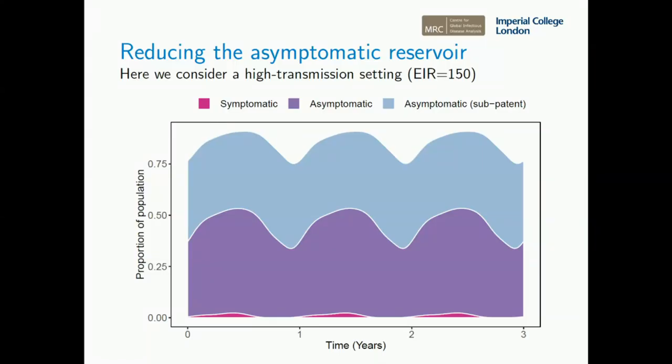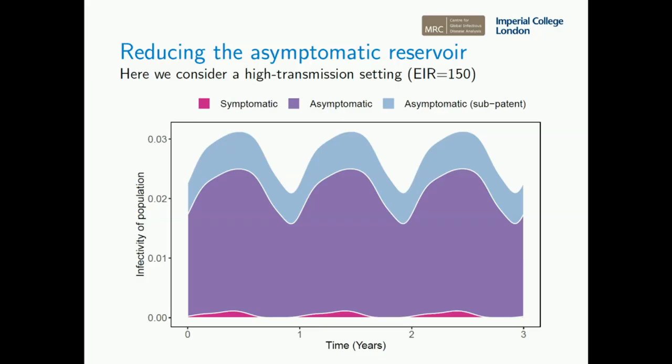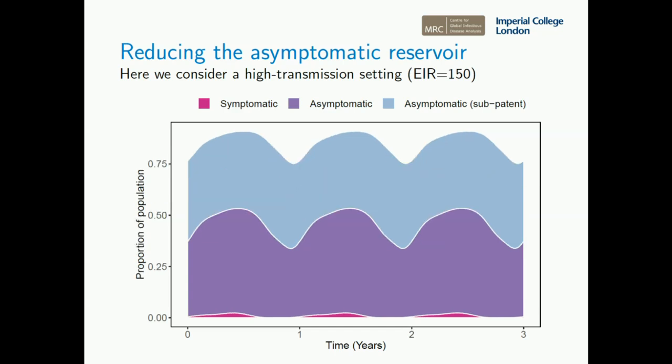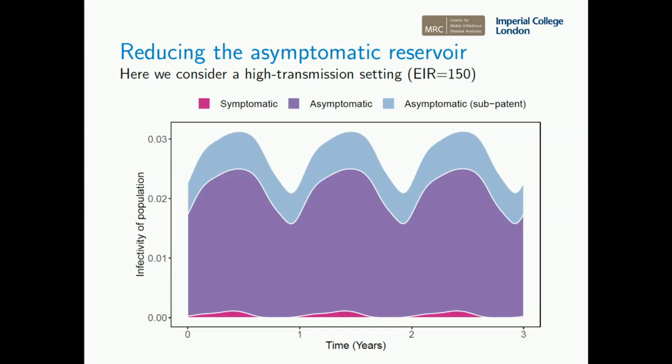with a high transmission seasonal setting. Again, in pink, the symptomatic infections, purple, asymptomatic, and then blue, asymptomatic but submicroscopic. What we can do is rescale these populations by how infectious the model thinks each type of infection is. So you can see if I go back and then forward, the blue area has really shrunk because the model doesn't think that the submicroscopic infections are very infectious.